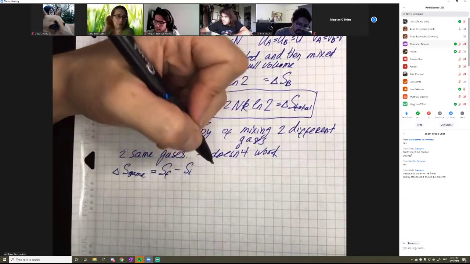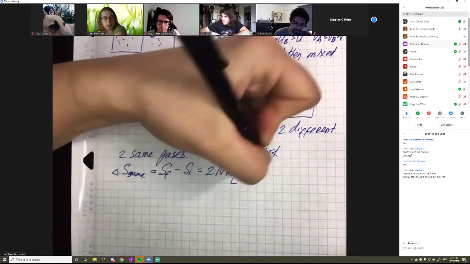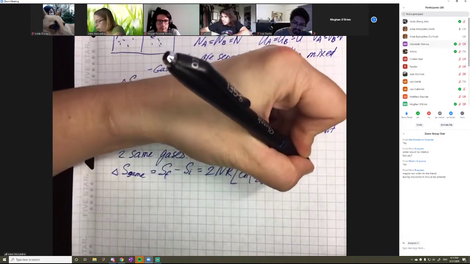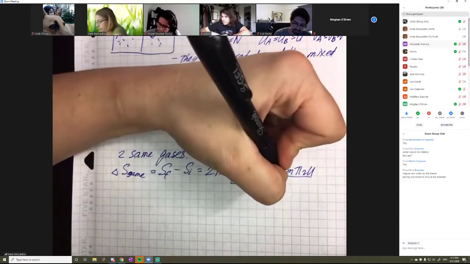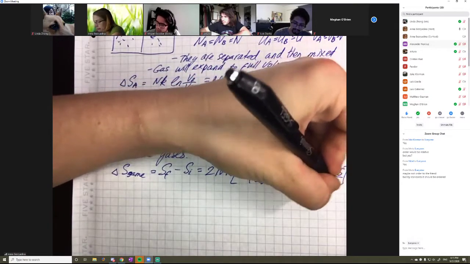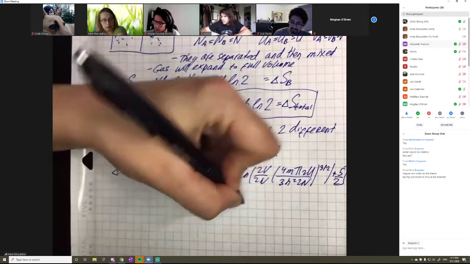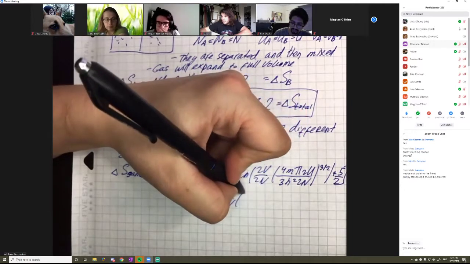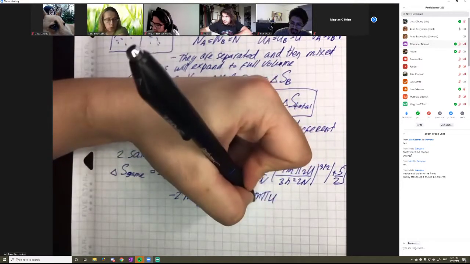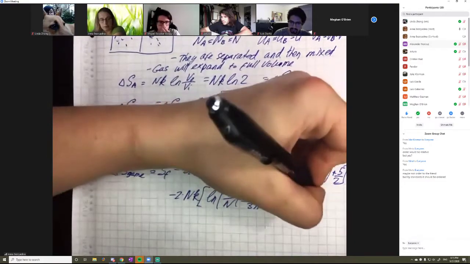S final has 2N gas particles, k, and we use the formula for gas: logarithm of 2V over 2N times (4 m pi 2U over 3 h squared 2N) to the power 3/2, plus 5/2, minus 2 times Nk logarithm of V over N times (4 m pi U over 3 h squared N) to the power 3/2, plus 5/2.